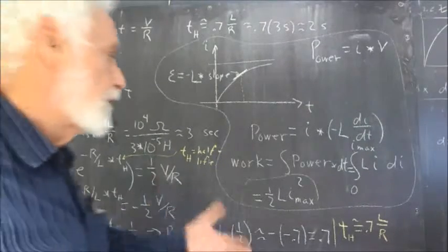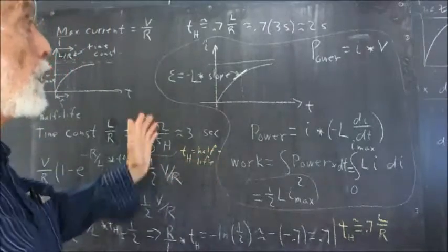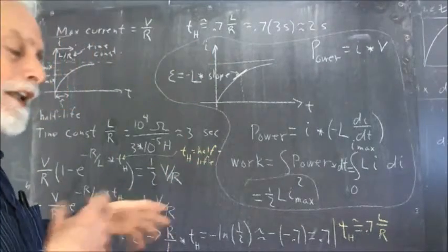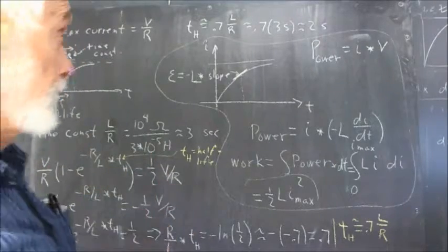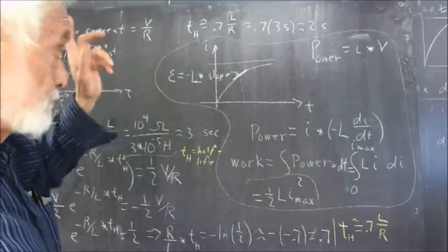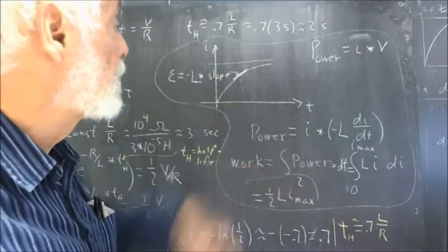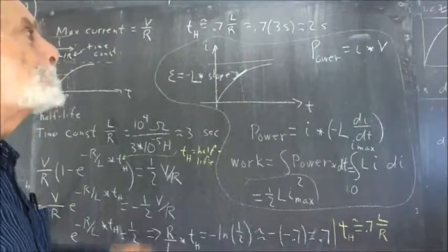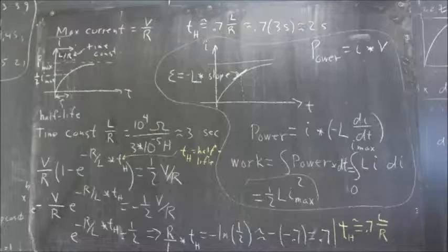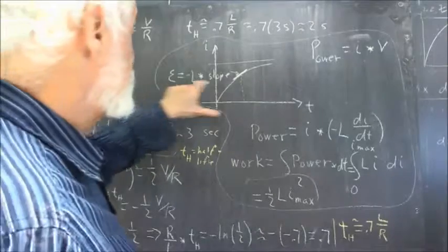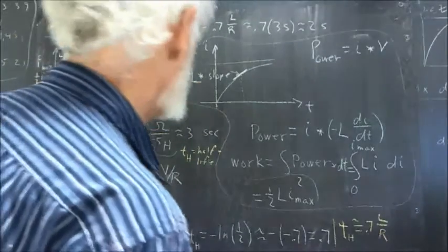Now, in order to find the amount of work done, the amount of energy supplied to charge up this inductor to achieve the maximum current in the inductor, we consider first the I versus T graph, and we see that the EMF is equal to negative L times di dt.